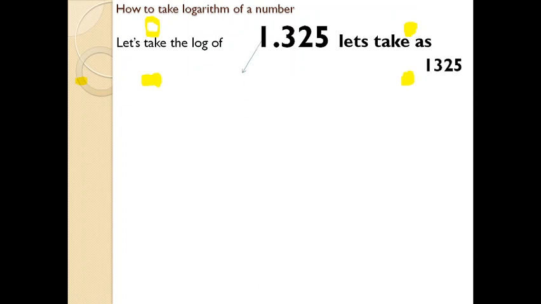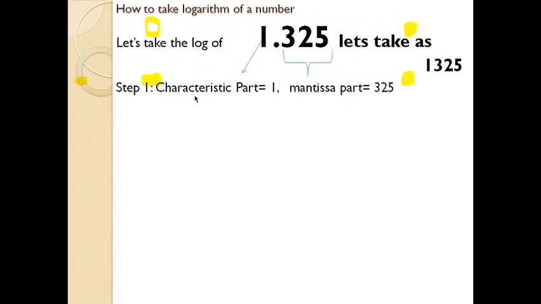Why are we splitting this entire number into two parts? Because before going further with 1325, you need to understand some basic concept. Here 1 represents the characteristic part of the specific number given. It is known as the characteristic part because it is a number which represents this entire number.